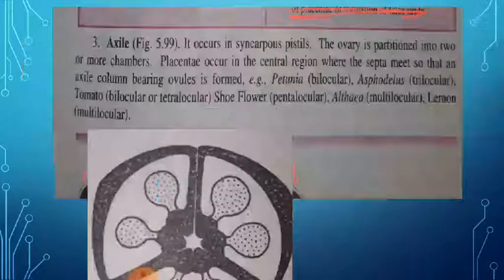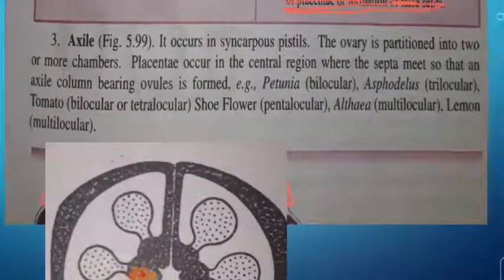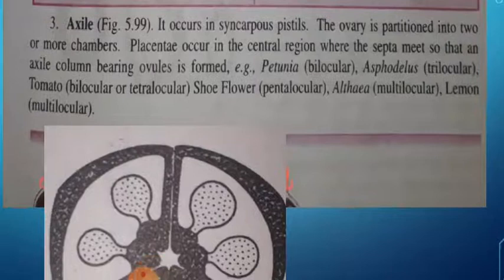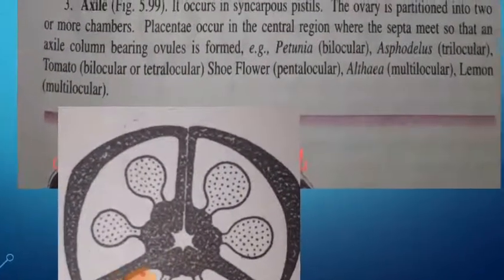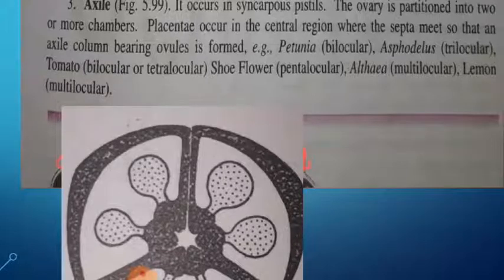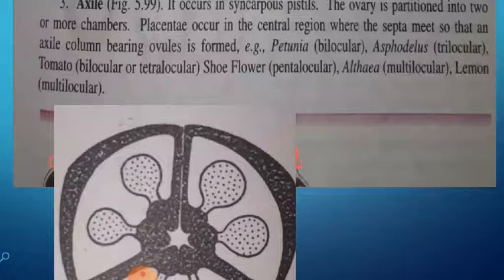Third is axial placentation. It occurs in a syncarpous pistil. The ovary is partitioned into two or more chambers. The placenta occurs in the central region where the septa meet, so that an axial column bearing ovules is formed.